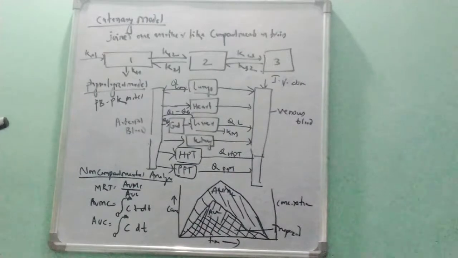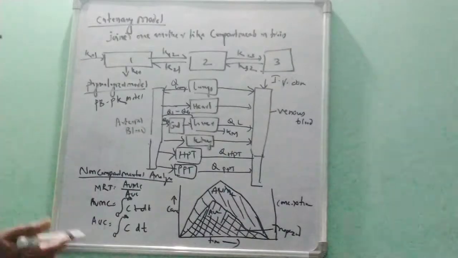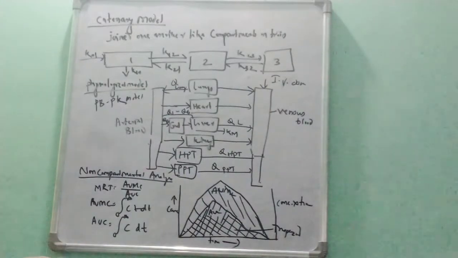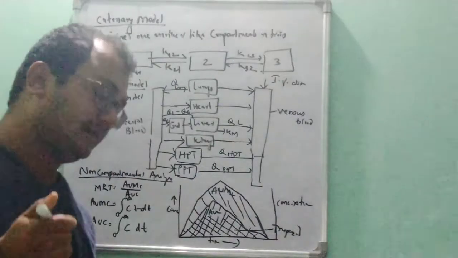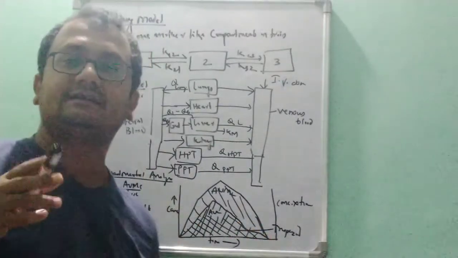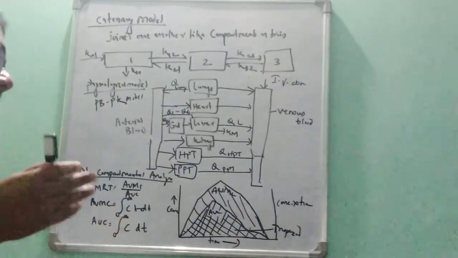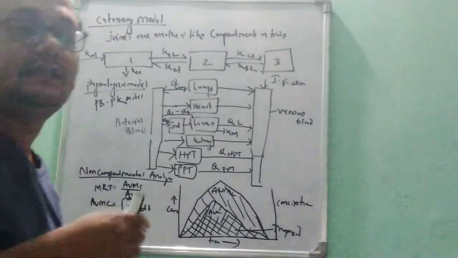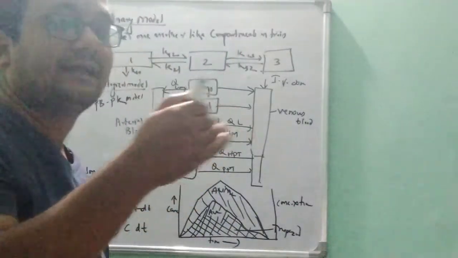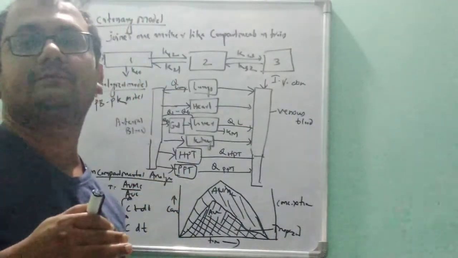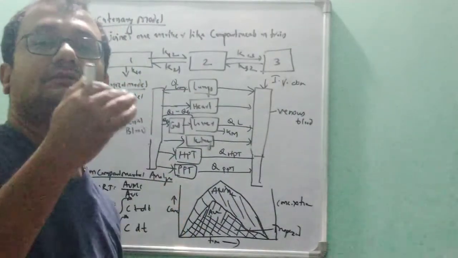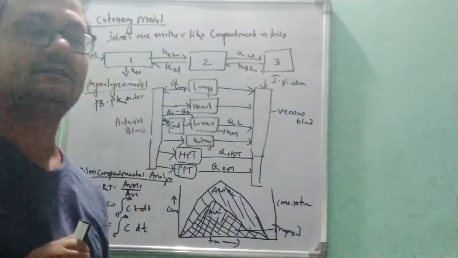Generally, parts of organs like lungs, liver, brain, kidney are kept as rapidly equilibrating tissues, RET. Other compartments are slowly equilibrating tissues, SET. So there are two categories, RET and SET.